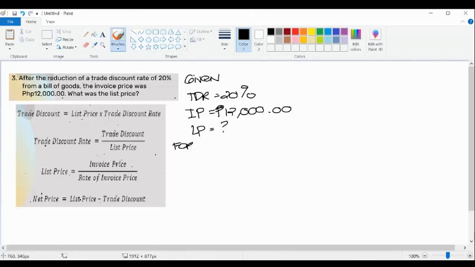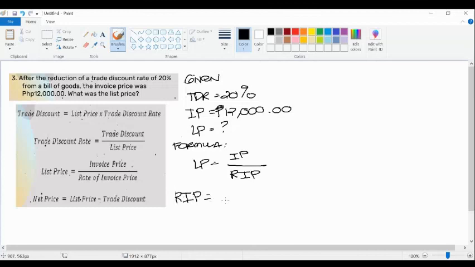And the formula for the list price is invoice price over the rate of invoice price. If you can see in the given, we don't have the rate of invoice price. So therefore, let's find the formula for the rate of invoice price.